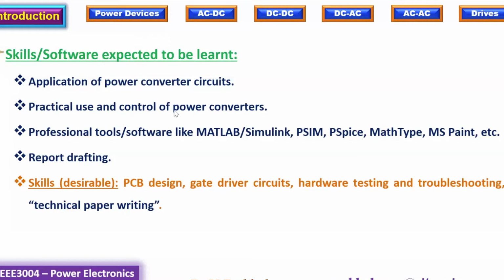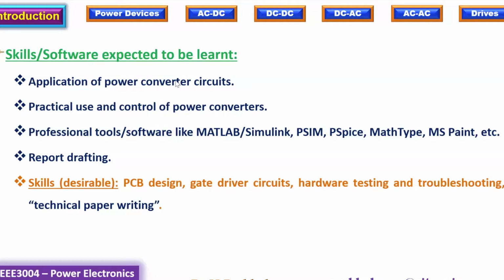And then how do you put a power converter into practical use for a given application? How do you design a power converter? In yesterday's session, the key term was the most appropriate power converter. That will be another expected attribute that you will acquire.